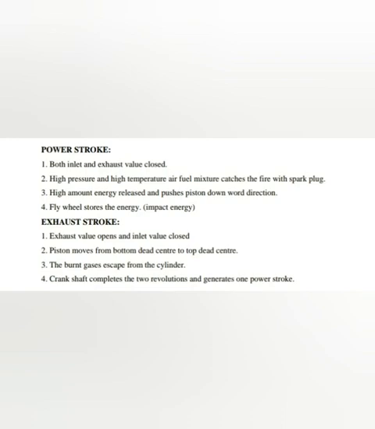As the piston moves upward, it forces the remaining burnt gases to the atmosphere through the exhaust valve. The exhaust taking place at atmospheric pressure is shown by the line 2 to 1 on the PV diagram. When the piston reaches the TDC, the exhaust valve closes and the working cycle is completed.